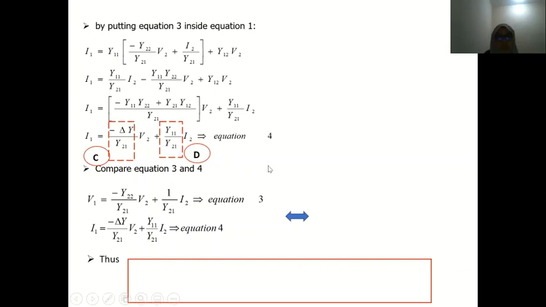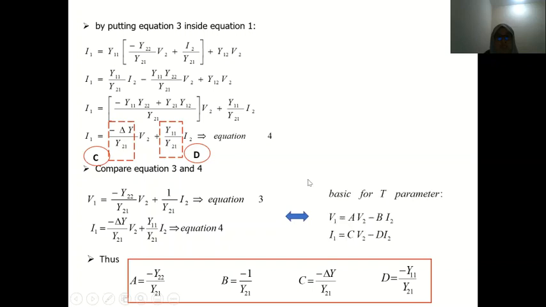So if you compare with your T parameters equation, just now you can get your A equivalent to minus determinant Y divided by Y21, and your B is minus Y11 divided by Y21.